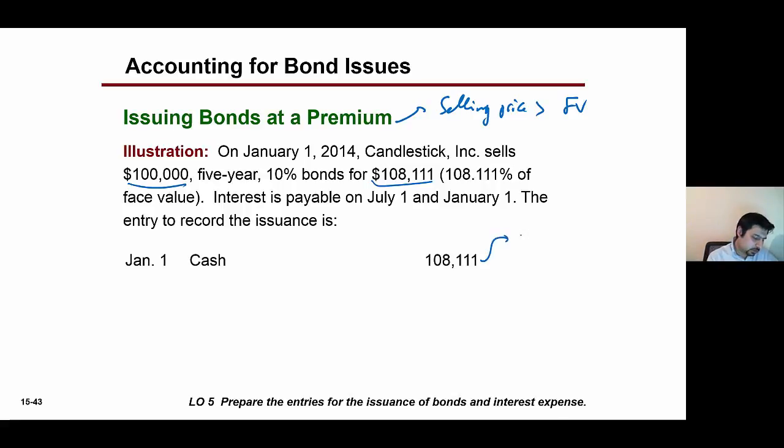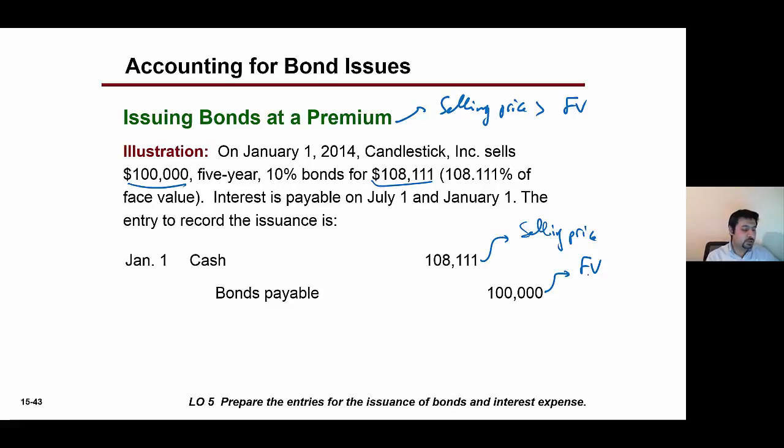This is the selling price. The company will credit bonds payable $100,000. This is at face value. So remember, you always debit cash, the selling price, and credit bonds payable, the face value, whenever you are recording an issuance.